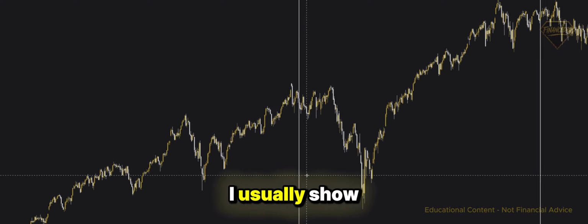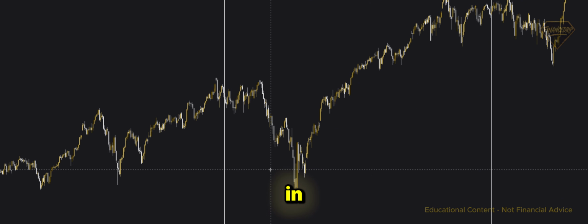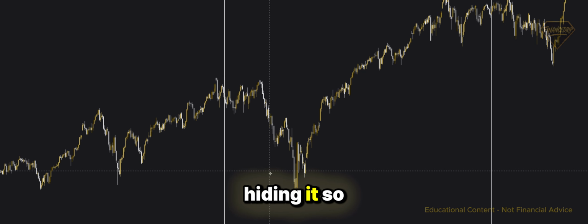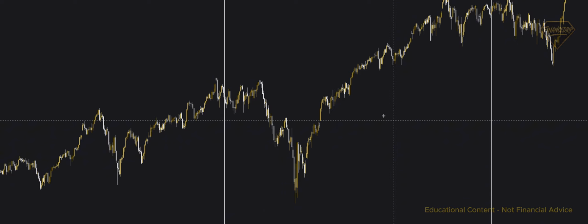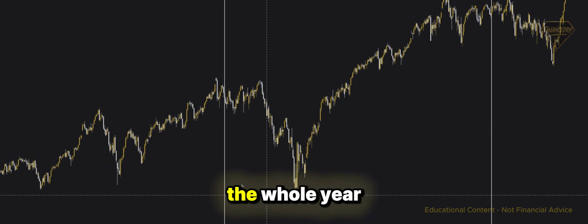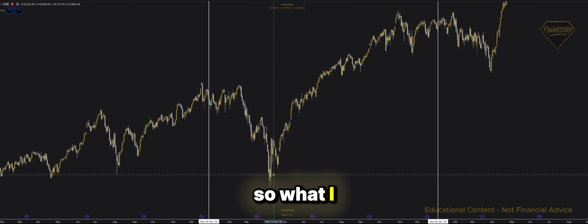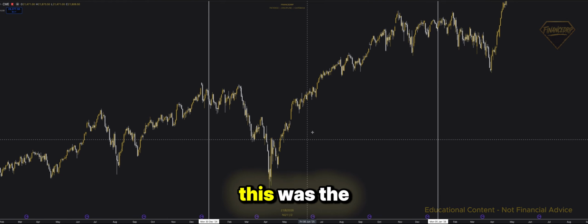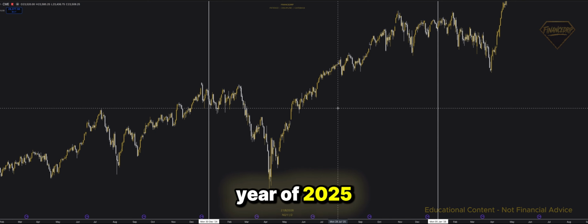Since price is fractal, I usually show you my time frame where I'm trading in, but I was hiding it. So what do you think, which time frame is this? This is actually the whole year of 2025. So what I showed you was not in a 1 hour, 4 hour time frame. This was the daily time frame of the whole year of 2025.